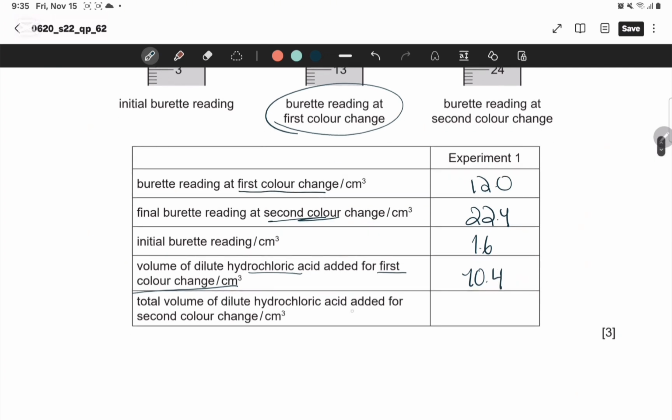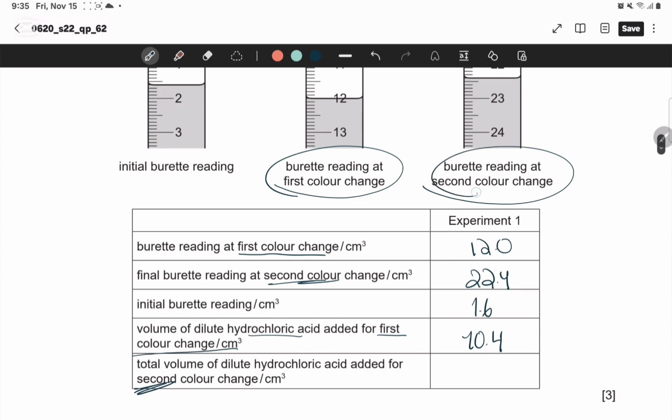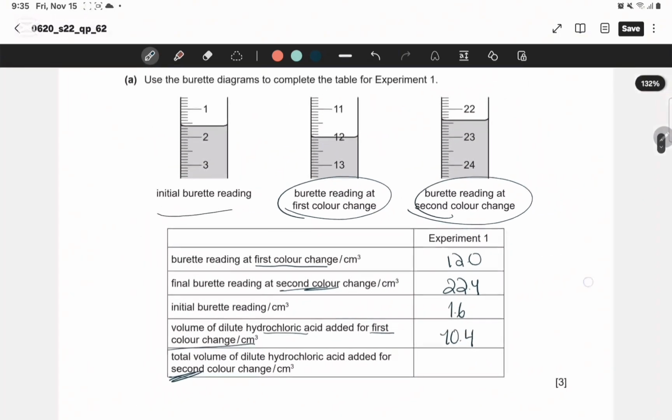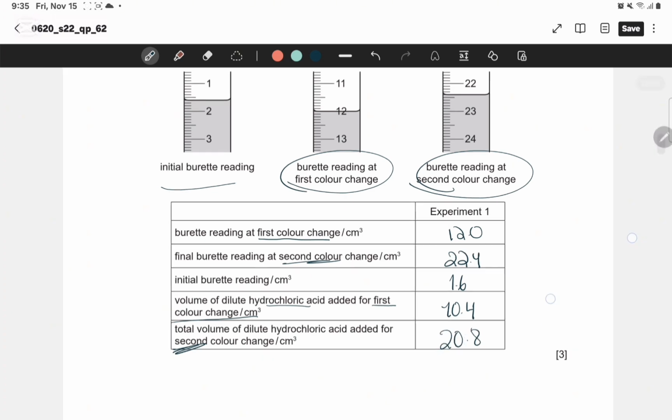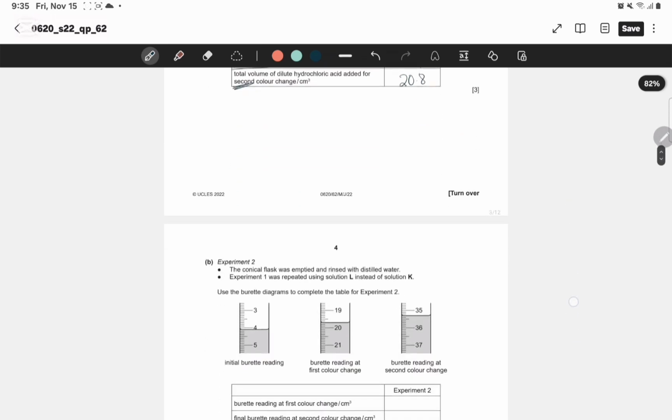And then here, total volume of hydrochloric acid added for second color change. So second color change minus initial burette reading. 22.4 minus 1.6, you're gonna get 20.8, and those are the answers.